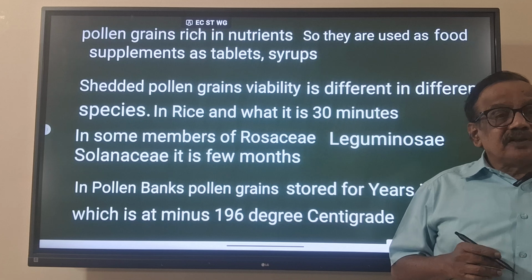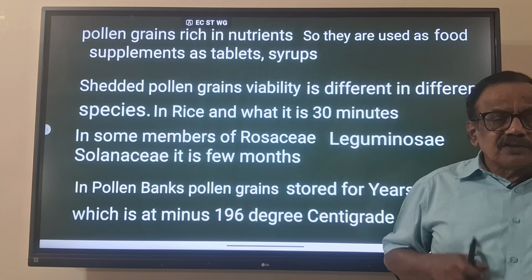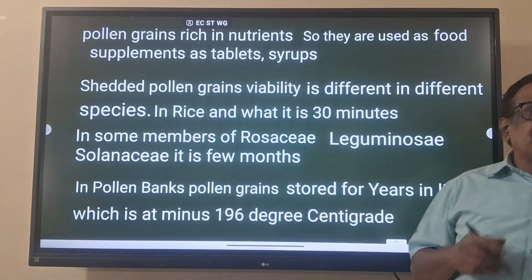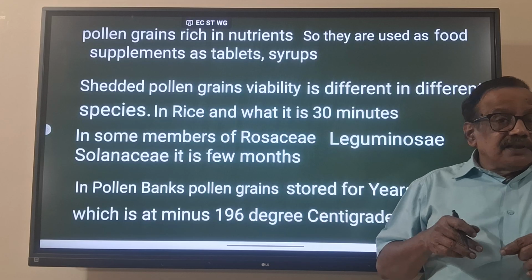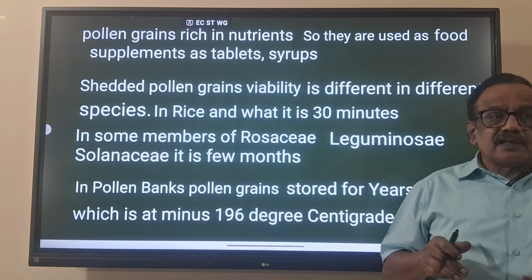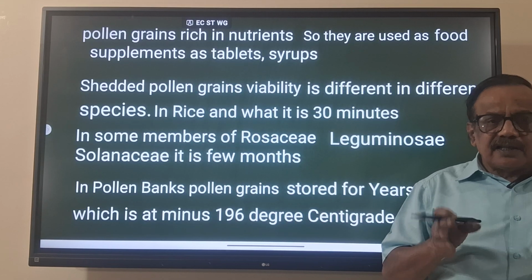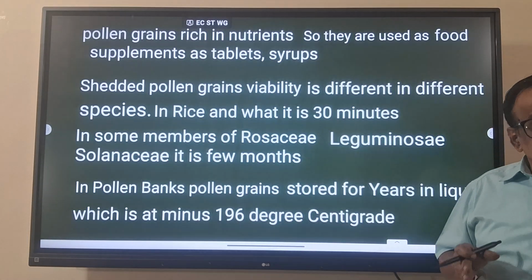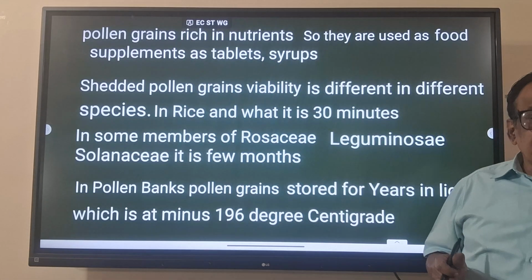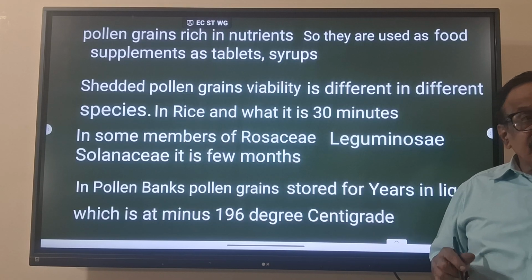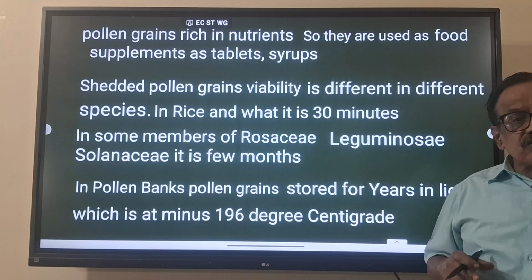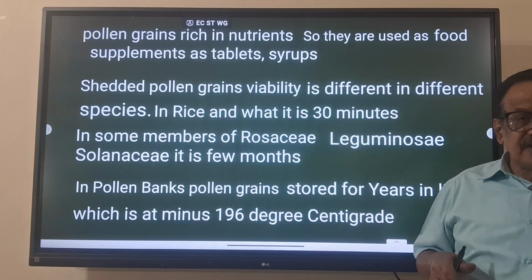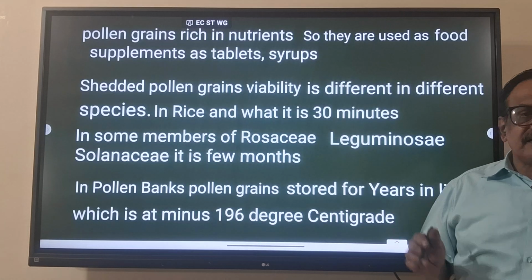So they will get the pollen grain from the pollen bank. It must be in a living condition, meaning viability must be there. For that purpose, plant breeders started pollen banks, where the pollen grains can be stored for years without dying.